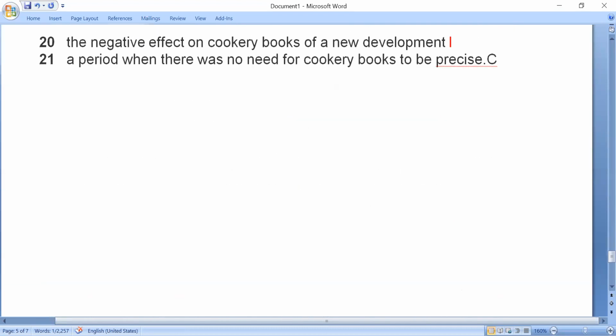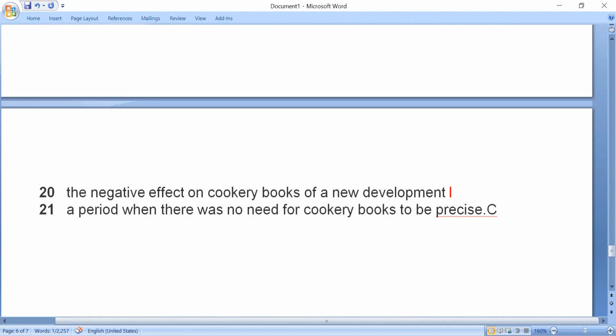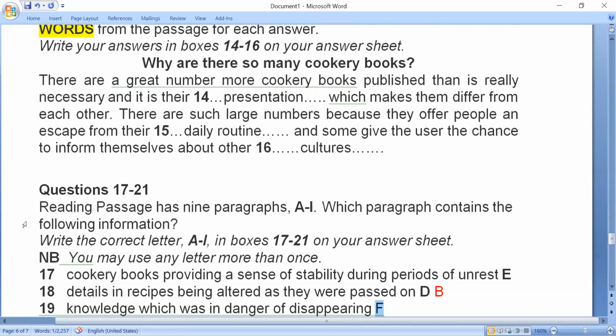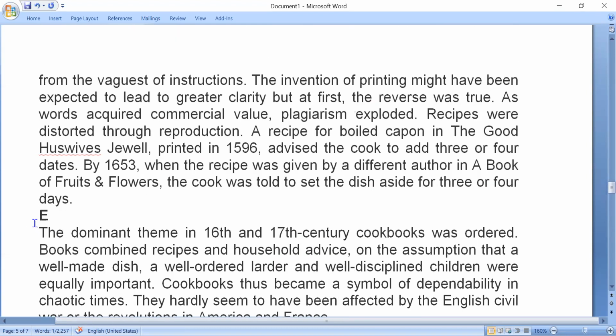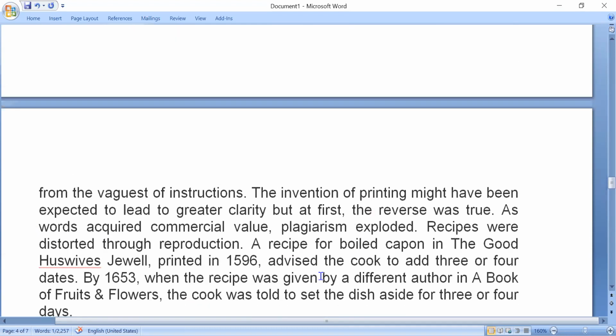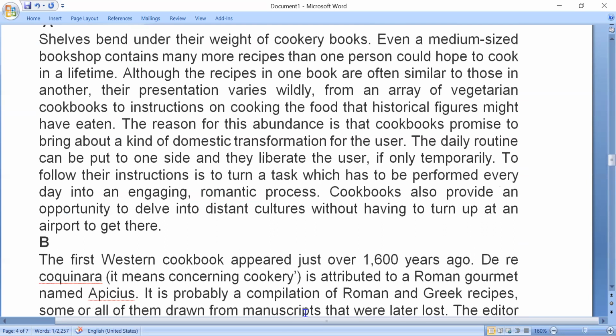Okay. Now this one. Negative impact of cookery books, of a negative new development. New development. Negative impact of.